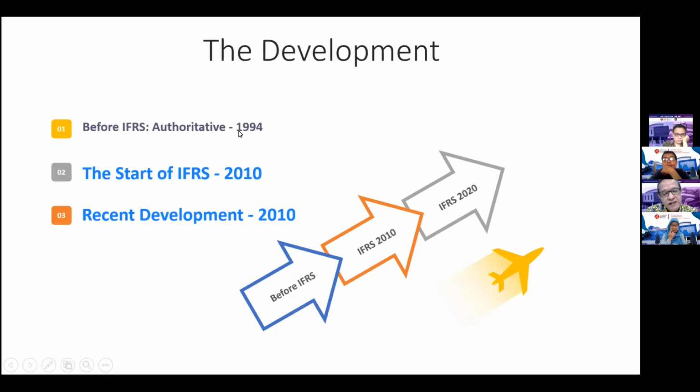Then the regulations stated by the government, by the central bank, it looks like it became the accounting standard. So the accounting standard followed the reporting regulation stated by the central bank. That was before 2000, maybe 2004, maybe before 1994 or 1995.